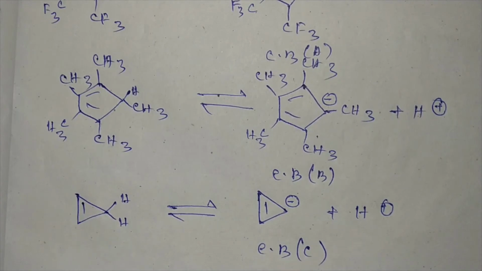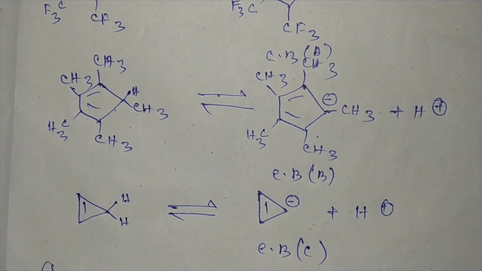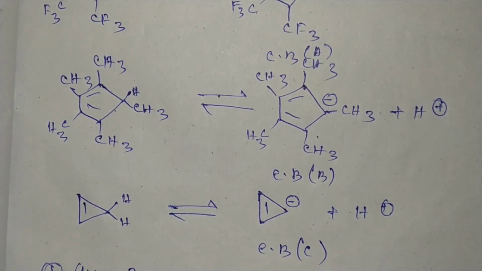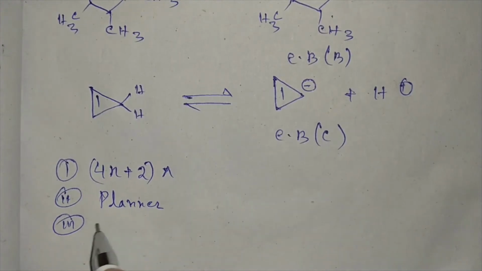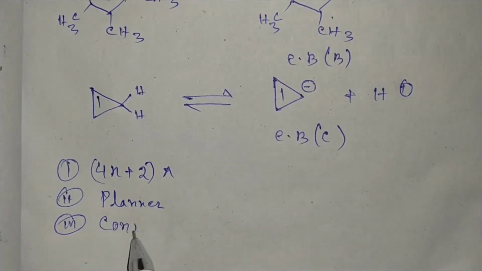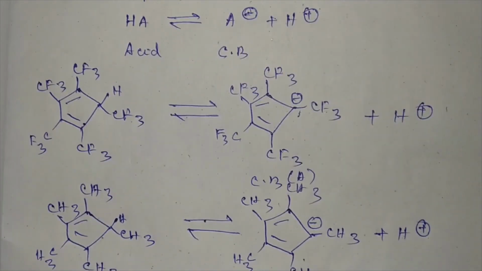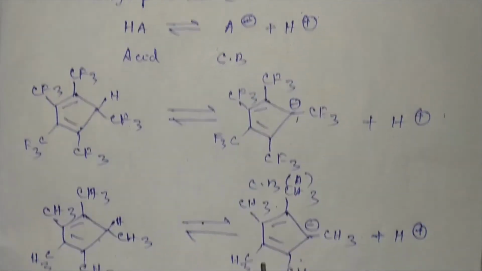The conditions of aromaticity are: first, 4n plus 2 pi electrons will be there, the system will be planar, and third, it must be conjugated. So these three conditions are satisfied by these two anions.